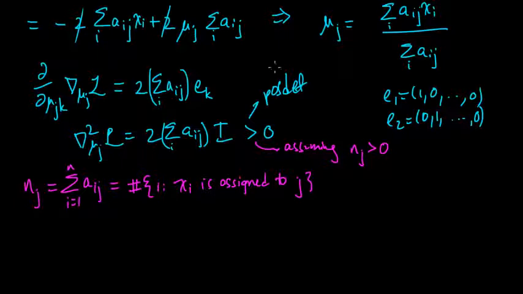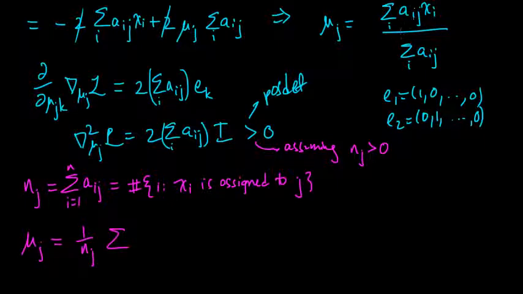And now, what is this formula saying? It says that to minimize L over mu j, the choice of mu j that you should choose is 1 over nj times this sum. And what is this sum?